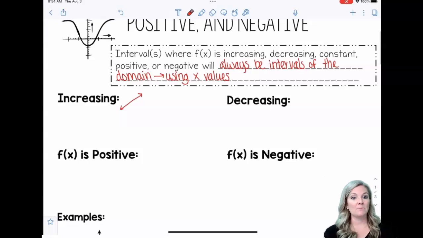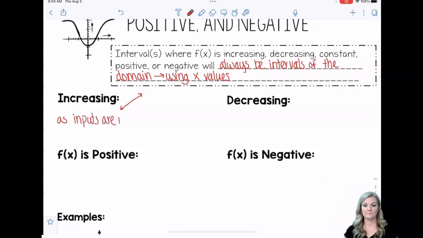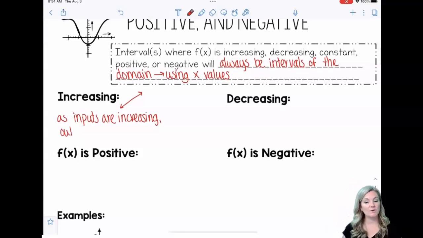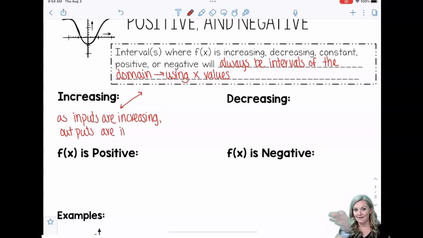Or let's get a little bit more fancy with our words. As my inputs are increasing, what is happening to my outputs? Well, my outputs are also increasing. My y values are also going up. My x's are going up, my y's are going up. Both things are going up.